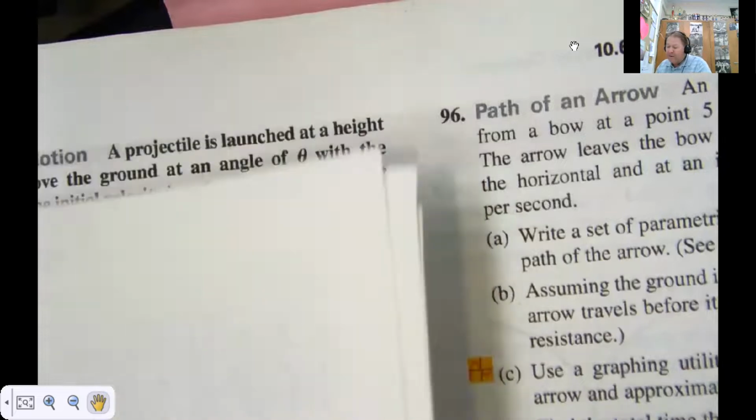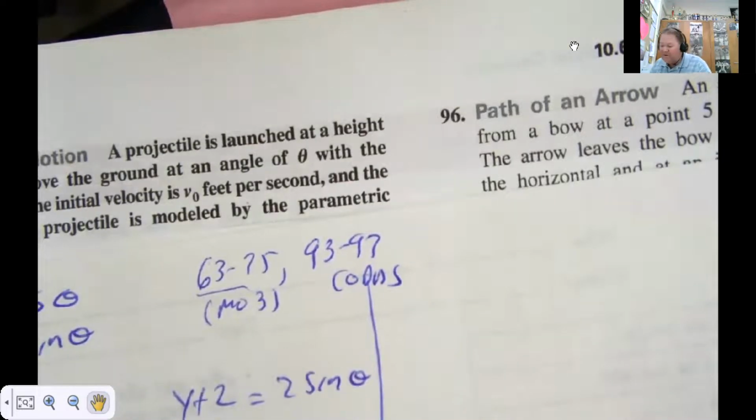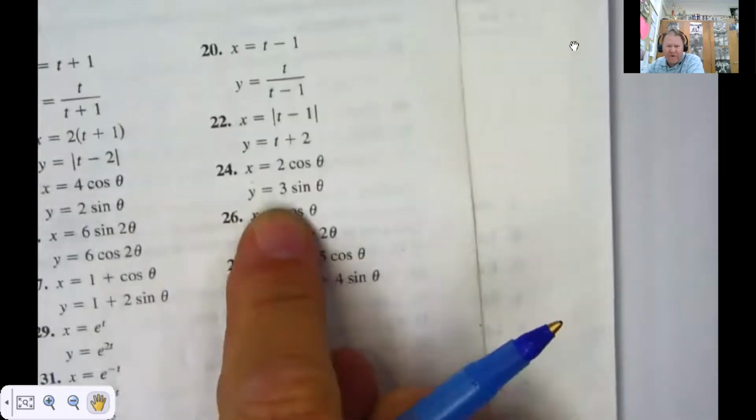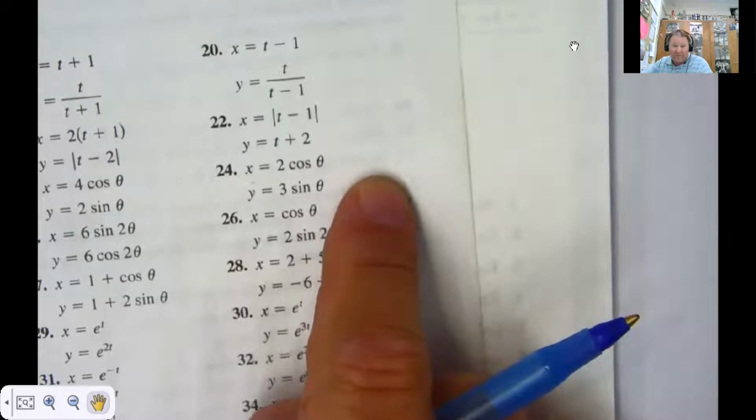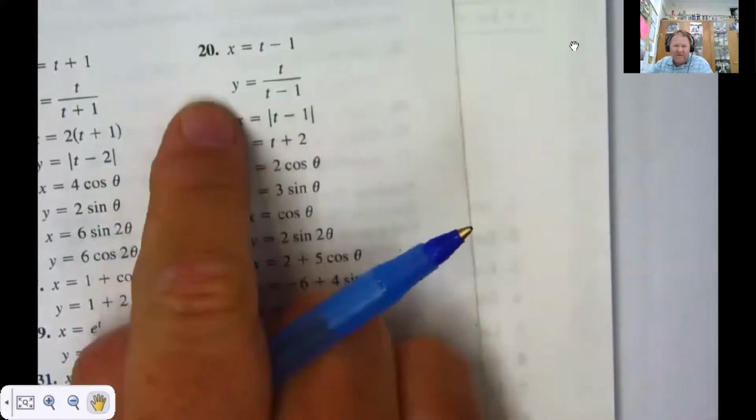Anyway, here we go. So this is going the other way. Remember what we did before is we had a set of parametric equations, x in terms of t and y in terms of t, and we had to write a single rectangular equation, y in terms of x. Now I'm going to be giving you a rectangular equation.